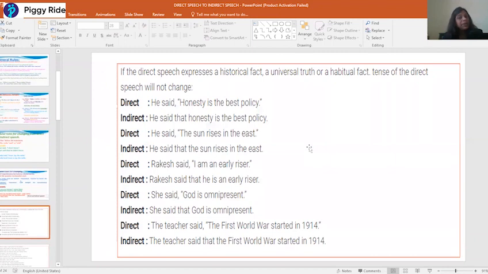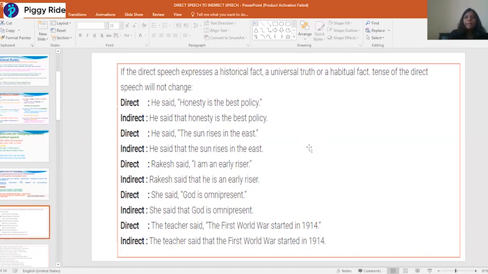If the direct speech expresses a historical fact, a universal truth, or a habit, the tense of the direct speech will not change. Okay, now let's start. Direct: He said, open inverted comma, "Honesty is the best policy." Full stop, close inverted comma. Indirect: He said that honesty is the best policy, full stop.